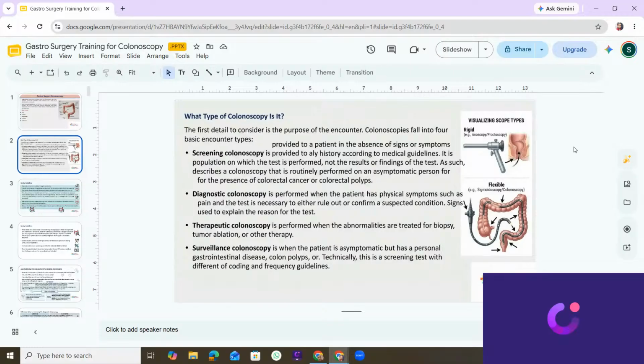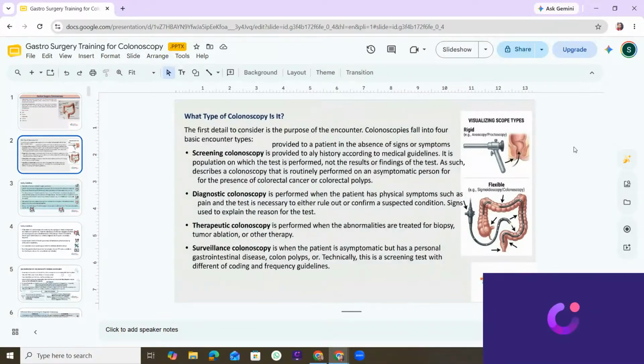The first detail to consider is the purpose of the encounter. Colonoscopies fall into four basic encounters provided to the patient in the absence of signs or symptoms. Here are a few pointers: screening colonoscopy, diagnostic colonoscopy, therapeutic colonoscopy, surveillance colonoscopy.